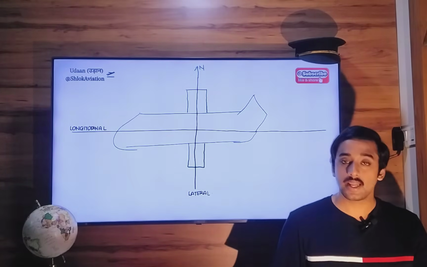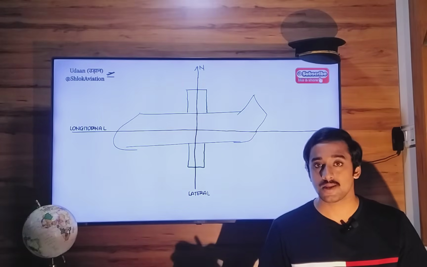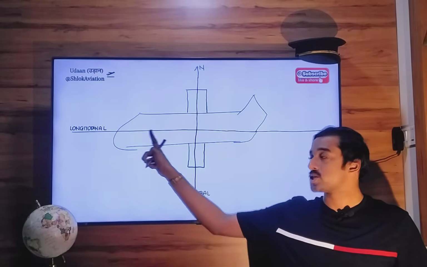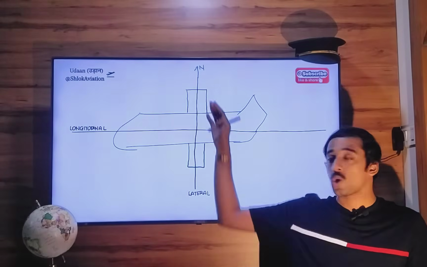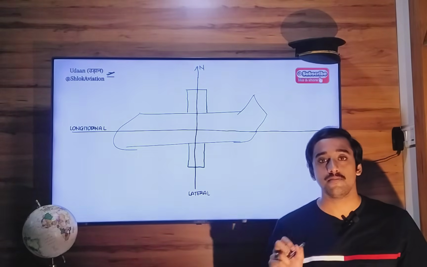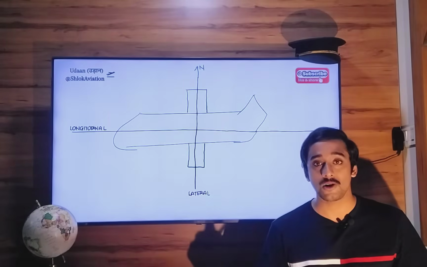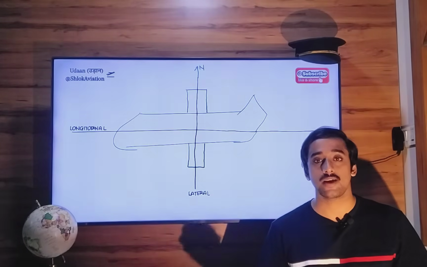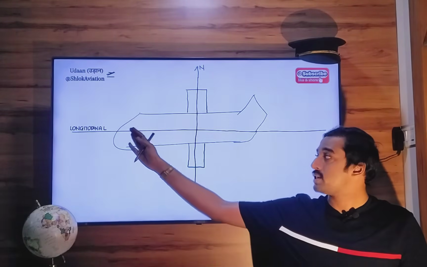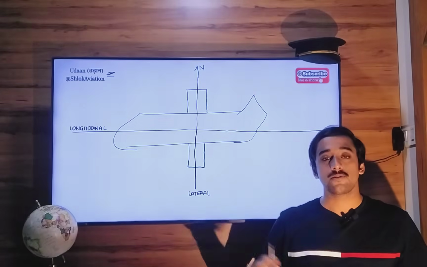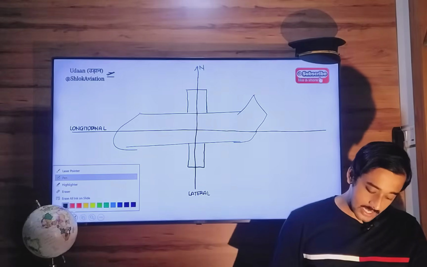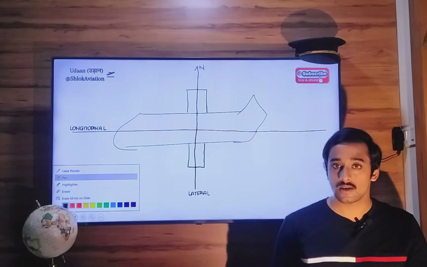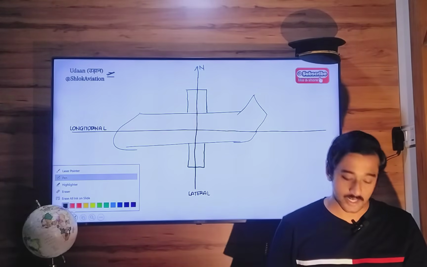Now if there is any radio signal originating from NDB station along this longitudinal axis, along this direction, east, west or north and south, there won't be any bending of signals. So if any signal is coming from either of these four directions, it will not suffer from a quadrantal error. But if a signal is coming from any other direction, it will definitely suffer from quadrantal error.